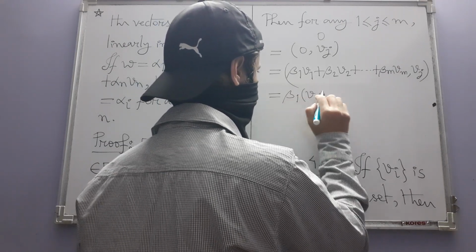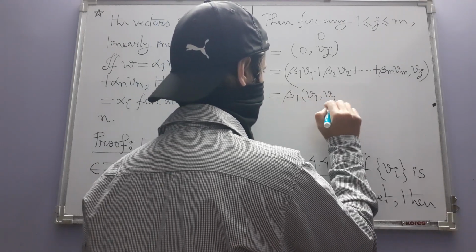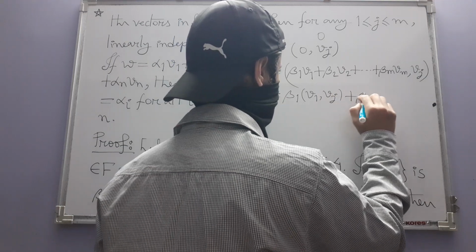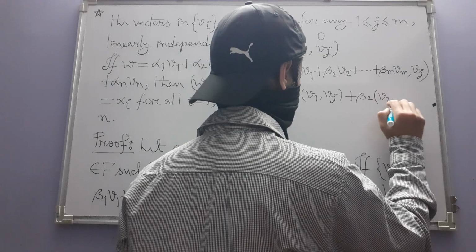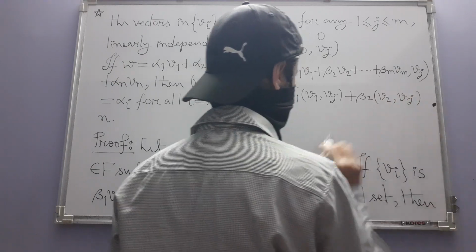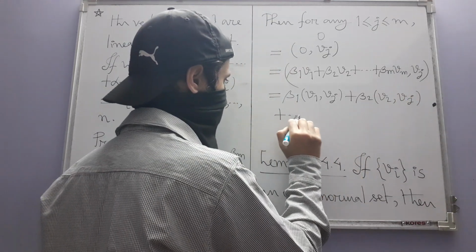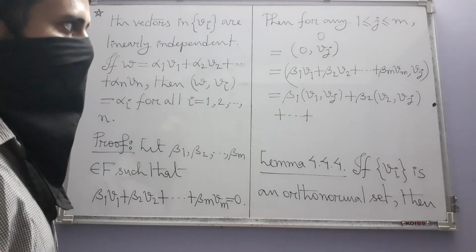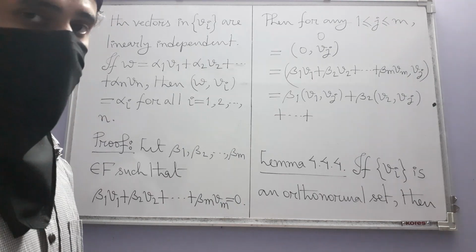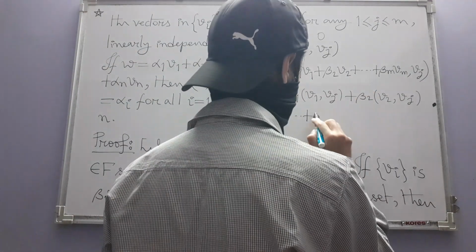beta 1 times the inner product of V1 and Vj plus beta 2 times the inner product of V2 and Vj, plus if we continue like this, then there is a term where we have Vj itself in this linear combination.